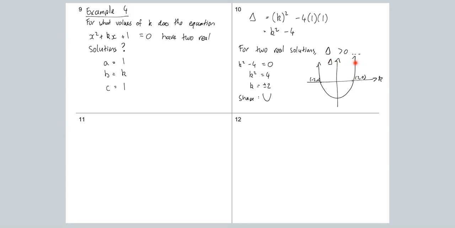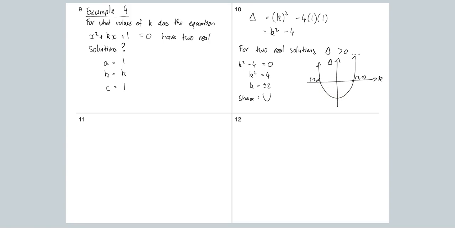Well, it's up here and up here. But underneath here, delta is negative. If I follow down the graph, I end up with a negative delta.